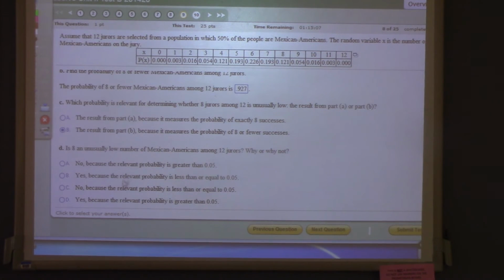So you got to find that. Now, this guy that writes this book or writes these questions, he tries to do everything in the world on these questions to screw you up. It screws me up sometimes. So you got to be careful. Is 8 an unusually low number? Is it unusual? No. So you got to pick the one that says no. All right. Now you got to match it up.